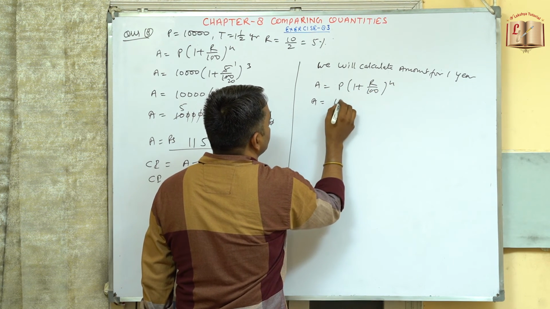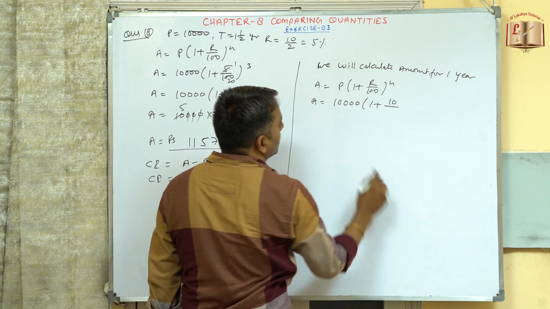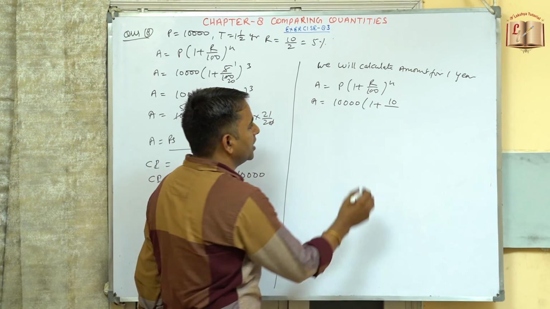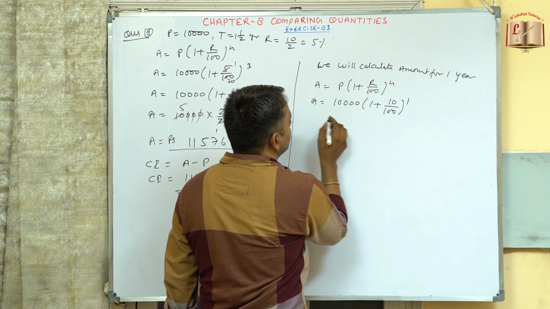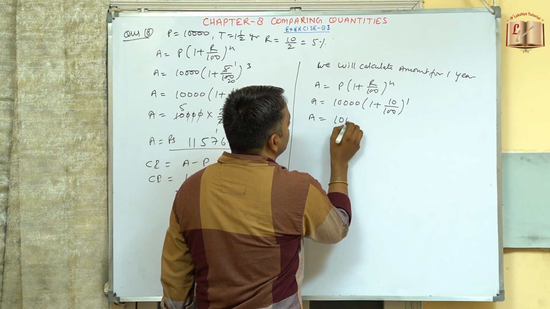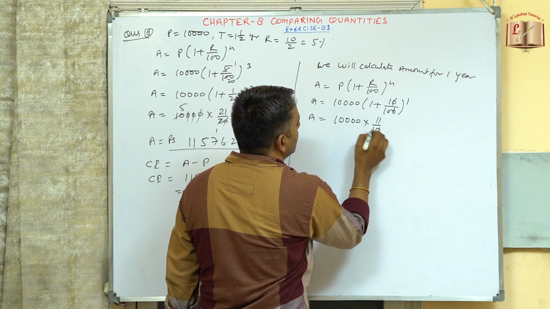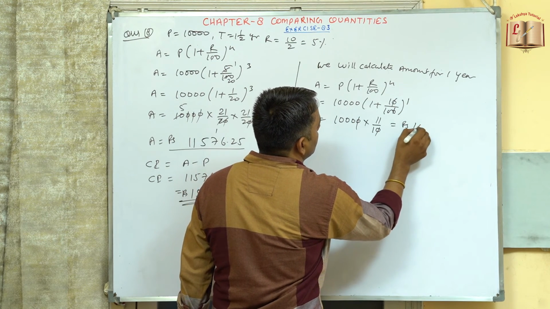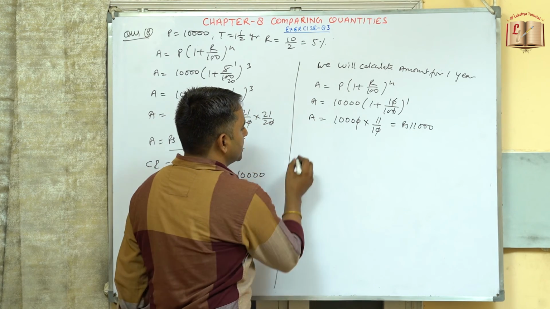P is 10,000, and for annually R will be 10 only, so 10 by 100 to the power 1. So A will be 10,000 times 11 by 10, which is rupees 11,000.